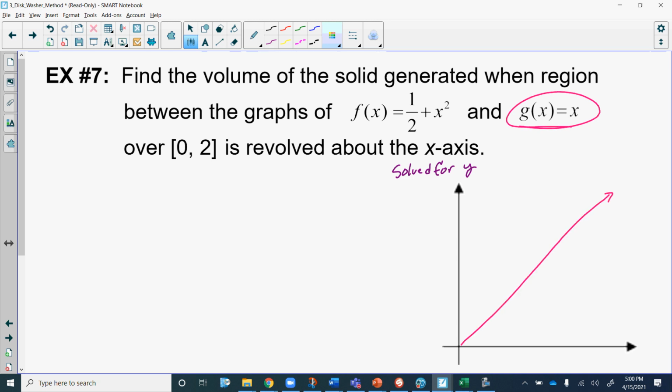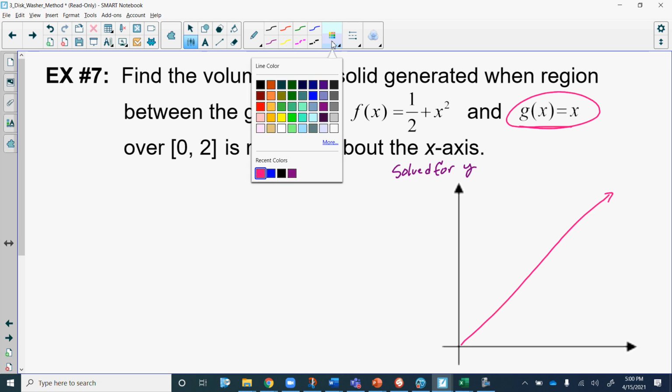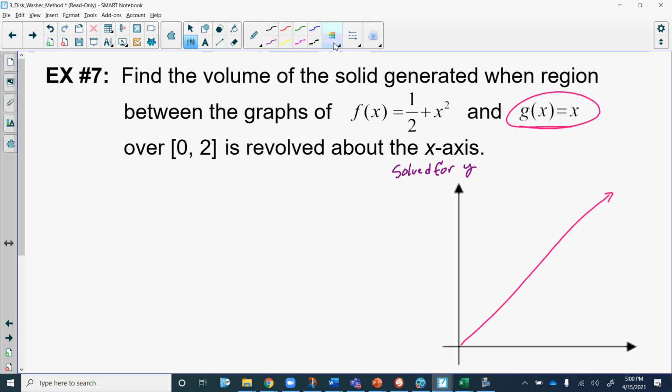There we go. And then the other one, we'll do that in blue again. Let's just say that this is when x is 1/2, because it's going to be your y-intercept. And then we're going to have a quadratic going like that.